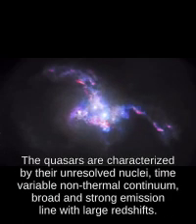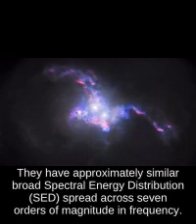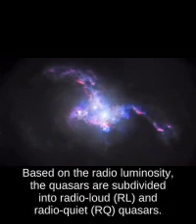The quasars are characterized by their unresolved nuclei, time-variable non-thermal continuum, and broad and strong emission lines with large redshifts. They have approximately similar broad spectral energy distribution, spread across 7 orders of magnitude in frequency. Based on the radio luminosity, the quasars are subdivided into radio loud, RL, and radio quiet, RQ, quasars.